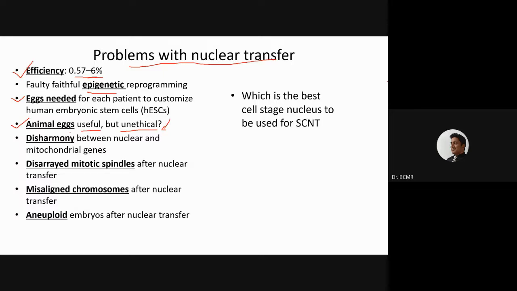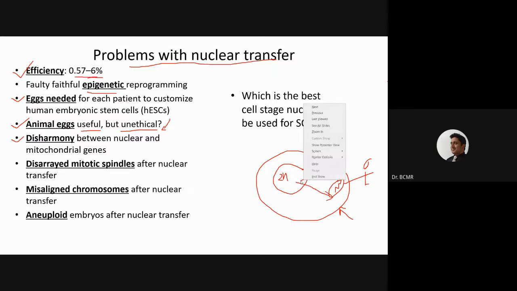There is also a biological or technical problem. Say we had the egg; we have the nucleus, that is where the genome is present, and we also have mitochondria. Mitochondria has DNA. Mitochondria comes from the mother, whoever is the donor of the egg. Now, if you are going to put a somatic cell that is human, diploid and human, and this egg is derived from an animal, there will be discord between them.